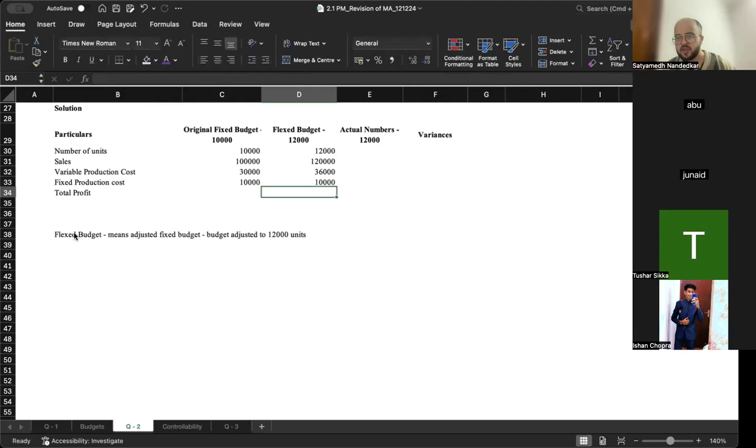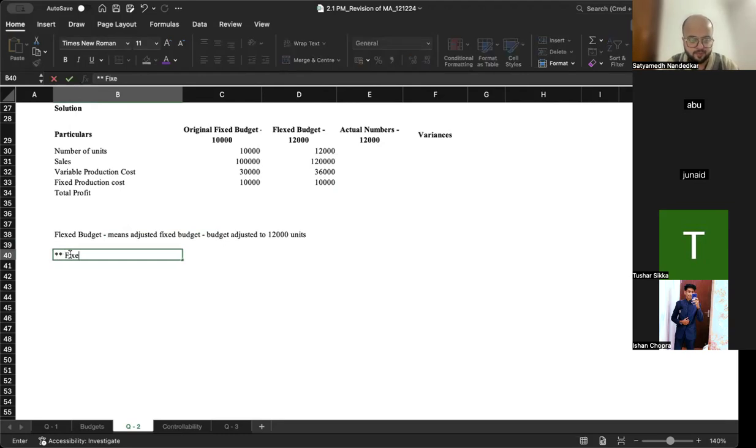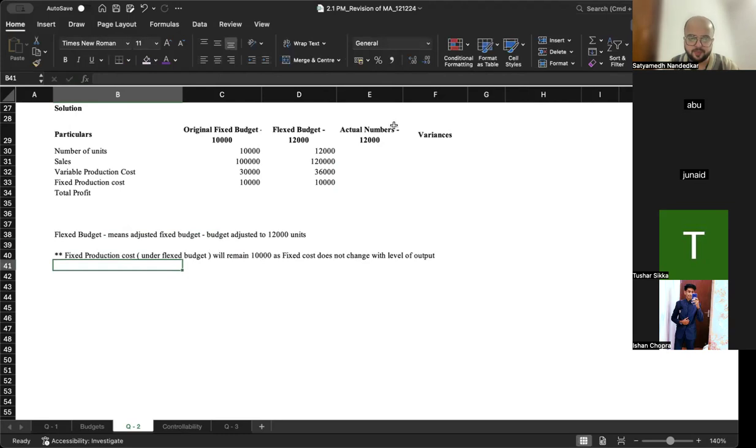Why? Because fixed cost does not change according to the level of output. I'll just put a note here. Fixed production cost under flexed budget will remain 10,000 as fixed cost does not change with level of output.